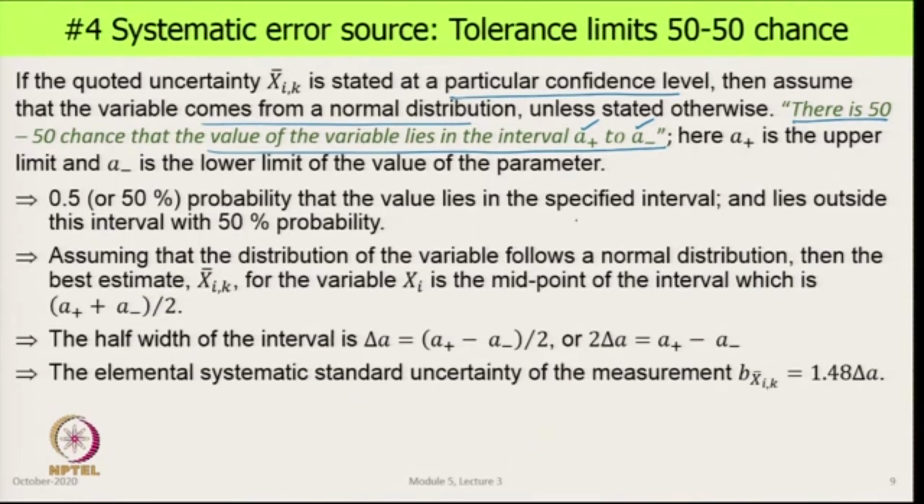So, that is what this is telling us: there is 50% probability that the value lies in the specified interval and 50% probability that it lies outside that interval. Assuming the distribution follows a normal distribution, the best estimate of Xik is the midpoint of the interval, which is a plus plus a minus by 2. So, this is the nominal value or the mean value.